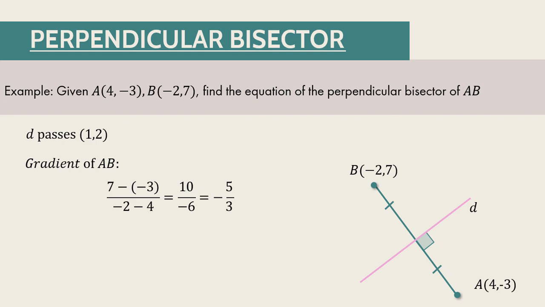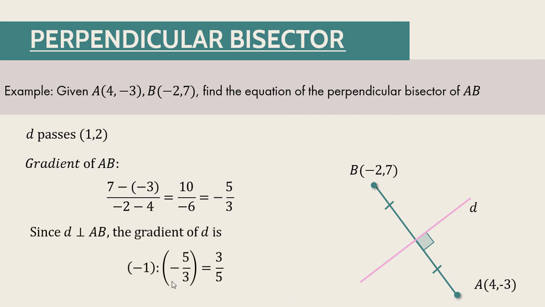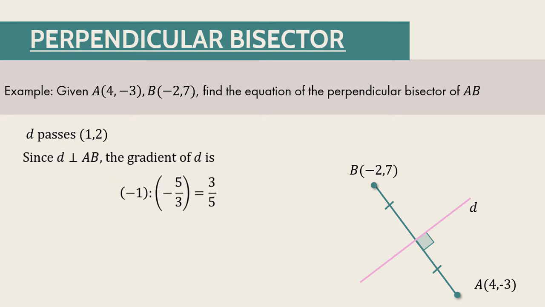In order for D to be perpendicular to AB, its gradient must be -1 divided by -5 over 3, and that should be 3 over 5. Now we have the gradient of the line D.